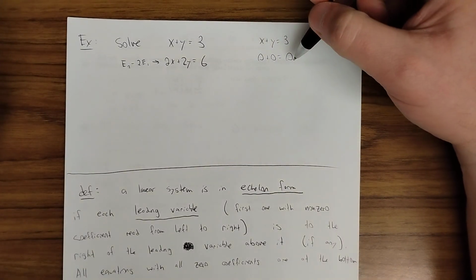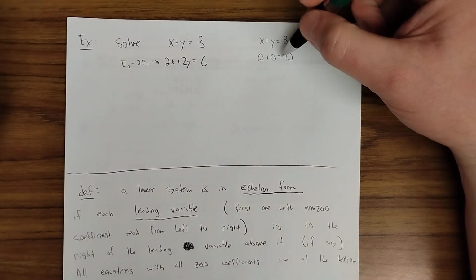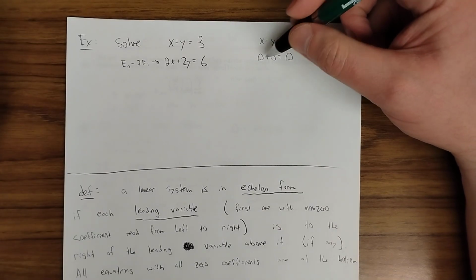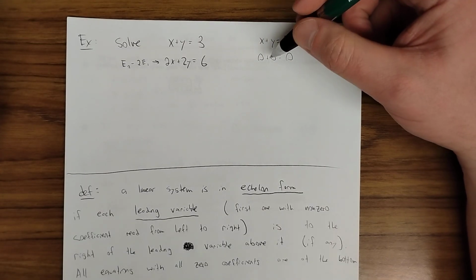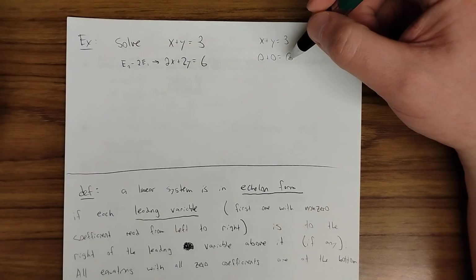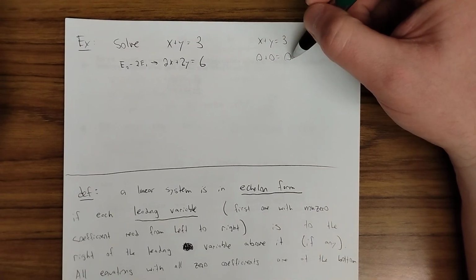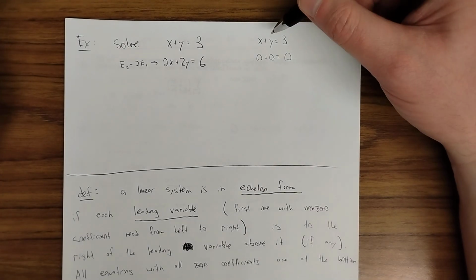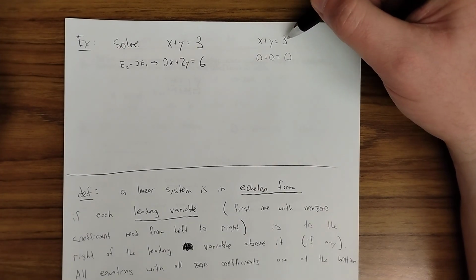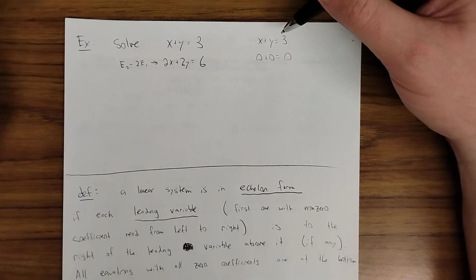So we're in a very different situation. Any value of x or y makes this equation true. So this second equation is not really contributing anything to my knowledge about x or y. This is automatically true. The only relevant information I have about x and y is that x plus y equals 3.